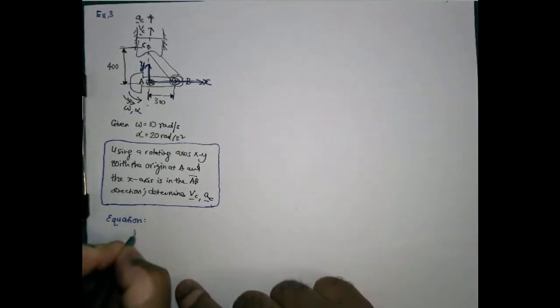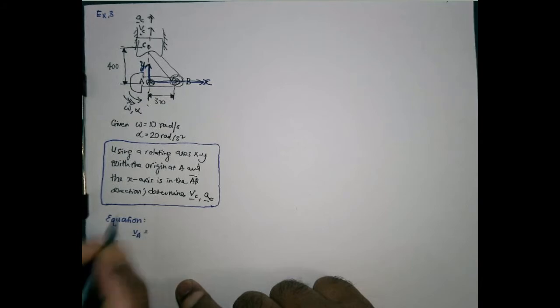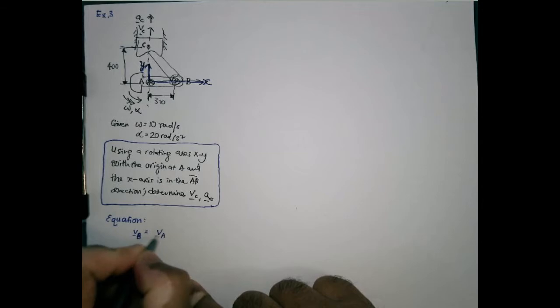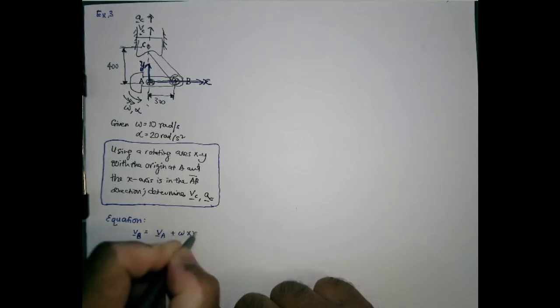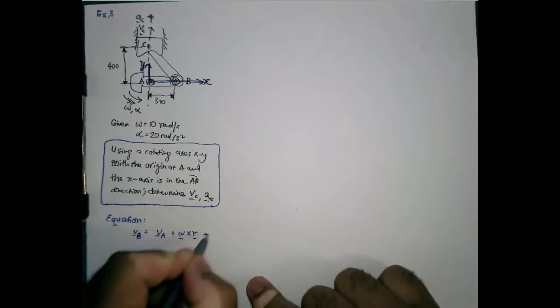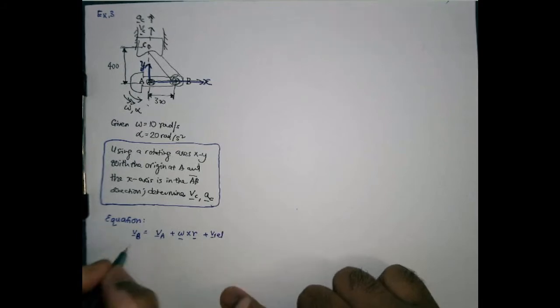So VB equals VA plus omega cross R plus V relative, and then we have the acceleration equation.